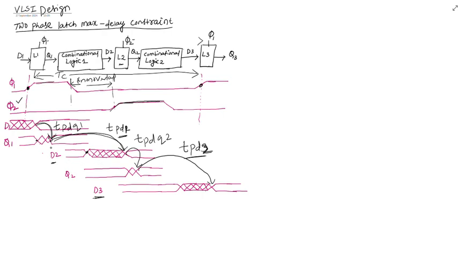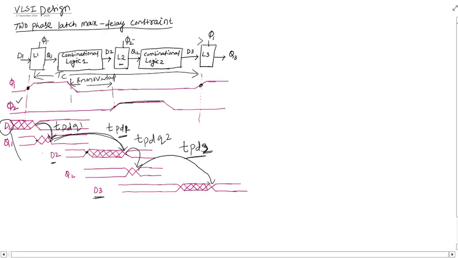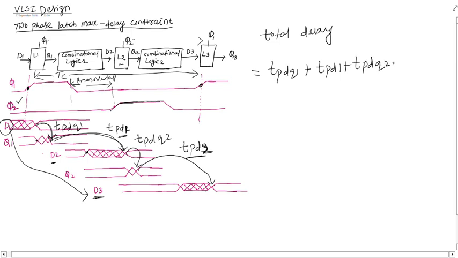Now we'll find out what is the total delay occurring when the data is flowing from D1 to D3. So what is the delay? We can write total delay equal to TPDQ1 plus TPD1 plus TPDQ2 plus TPD2.